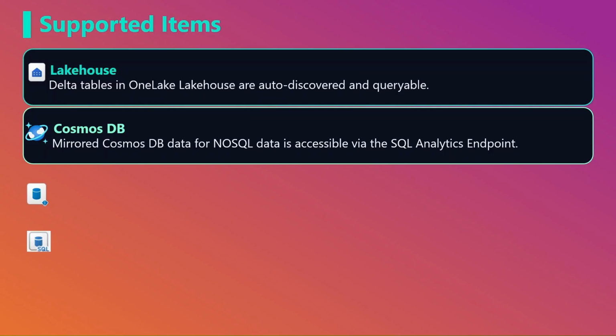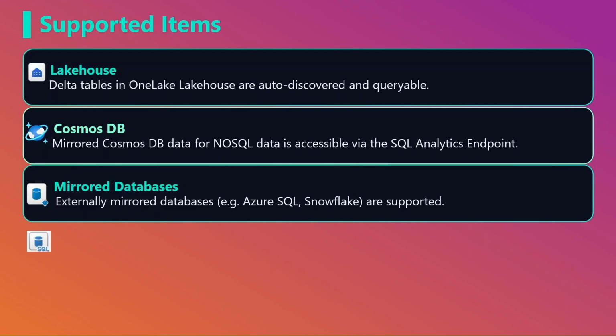Now such a thing was not possible in the older times when I started my career, and this is something really great. Mirrored databases: externally mirrored databases like Azure SQL and Snowflake are supported. So if you create a mirrored database for Snowflake, then a SQL Analytics endpoint will be created.